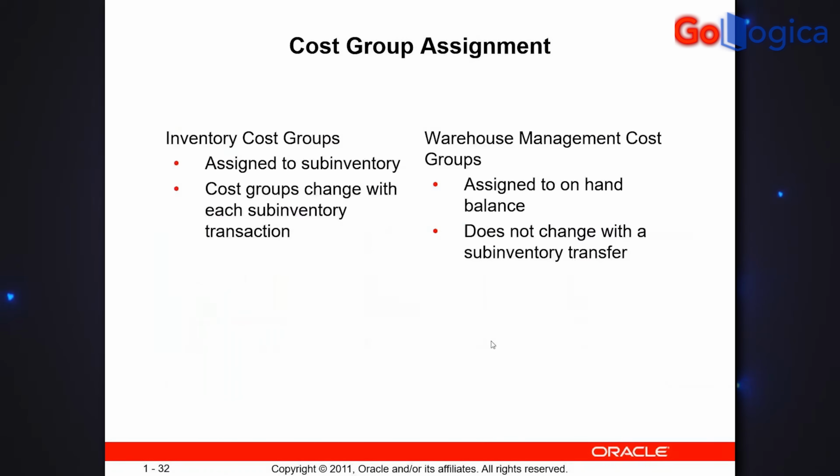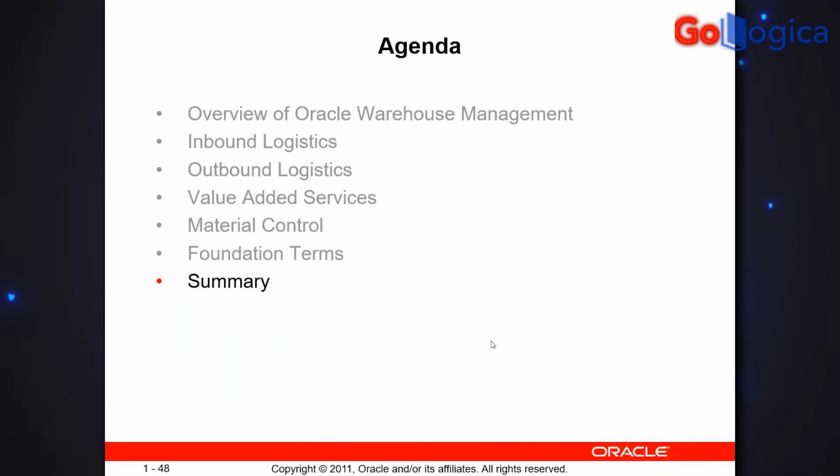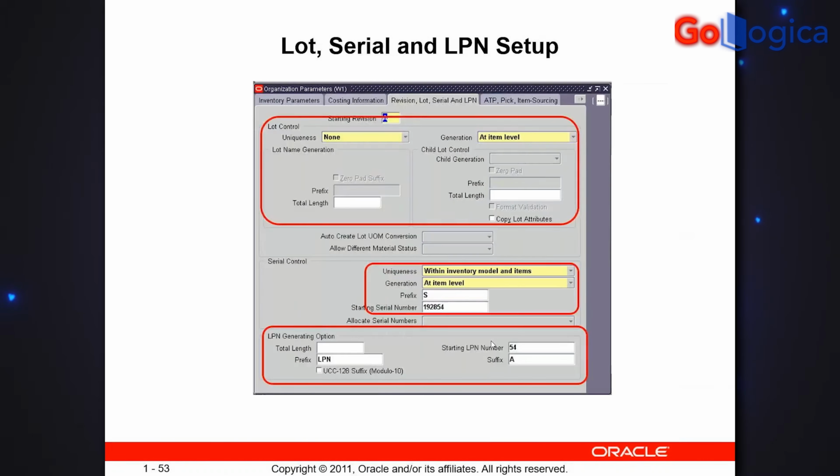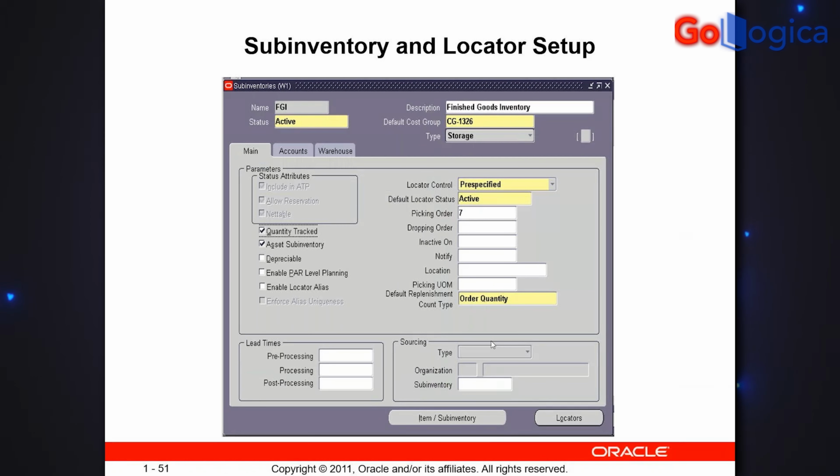I wanted to show you another screen related to subinventory. This is the subinventory and locator setup, and this is done while defining your subinventory. Whenever you define a subinventory, the status from the top, you can give as active or nettable, and likewise.